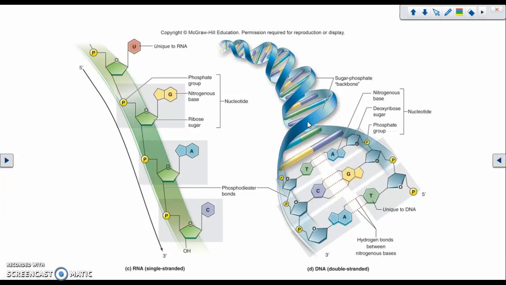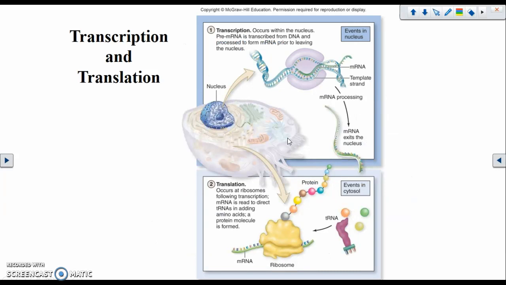So how do you actually make protein? Well, you make protein by the process of transcription and translation. So here we go. Again, the DNA is obviously in the nucleus. So when your body needs a certain protein, let's say collagen, that region of the DNA that codes for that protein opens up.